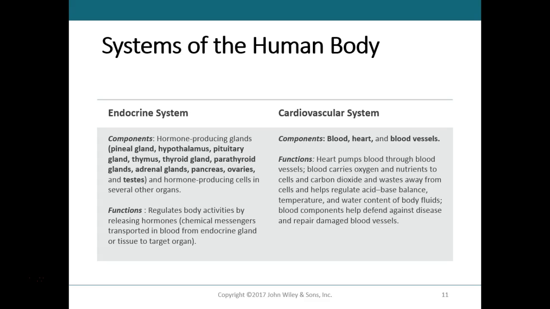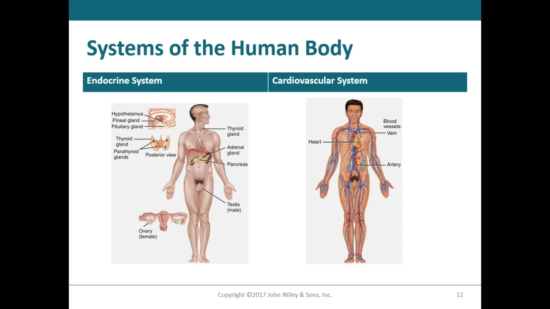Also, the blood is going to transport hormones and nutrients and proteins and all kinds of amazing things that we're going to learn about out to body tissues, and then brings waste products back to the heart and to the lungs and to the kidneys so that we can filter it out of the blood and get rid of it. All right, so here we see some of the main organs of these two systems.